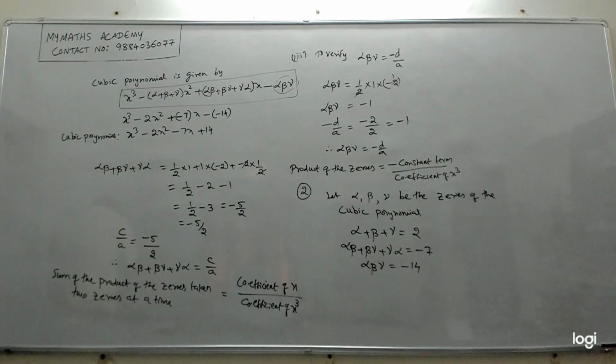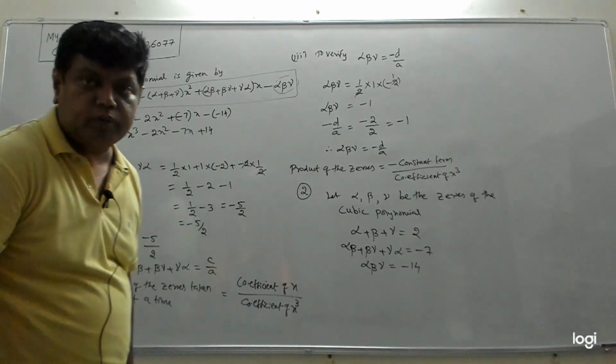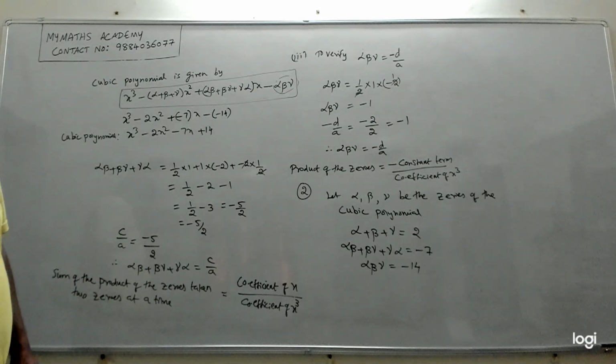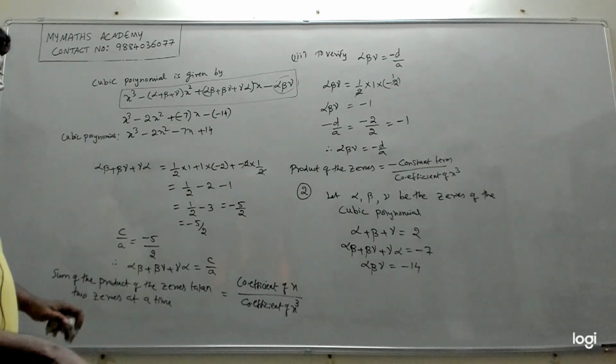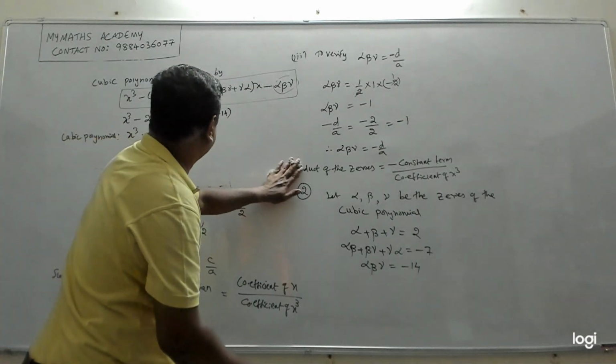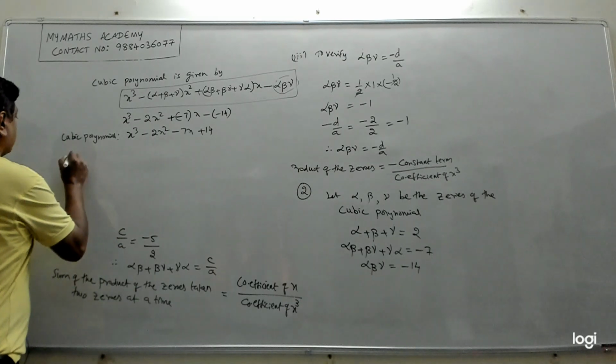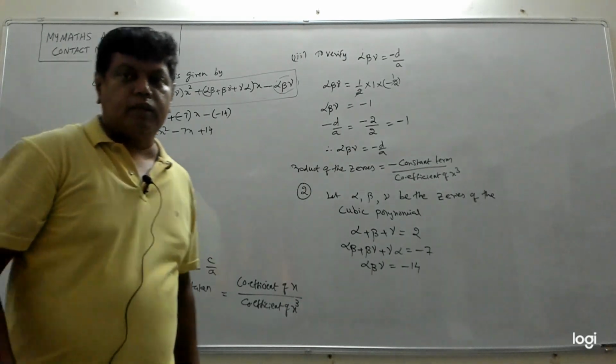Okay, now let's do the third one. Third problem. The third problem is: if the zeros of the polynomial are, so they have given a polynomial. The third one in that exercise, right?